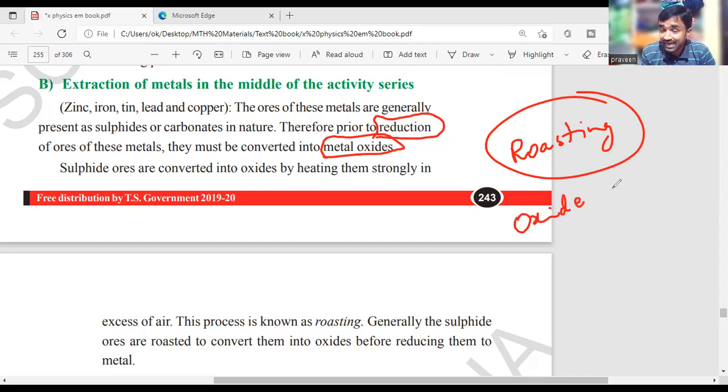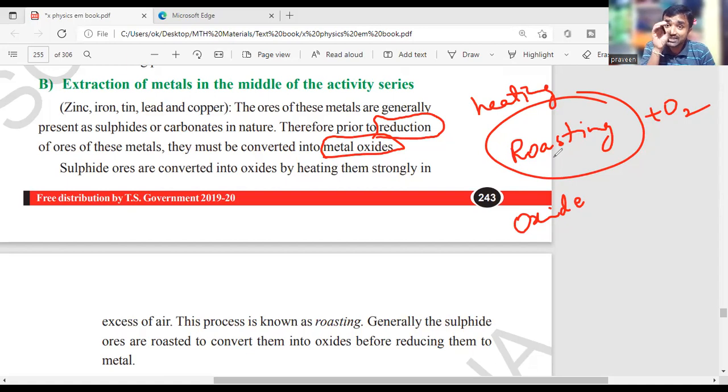In roasting, we are converting the ore, whether it is available in the sulfide form or a carbonate form. In the roasting process, you are supplying oxygen, in the presence of oxygen, and we are just heating. So it is said to be a pyrochemical process. Fire means heat-related. It is a process that takes place only in the presence of heat, by the supplying of oxygen.